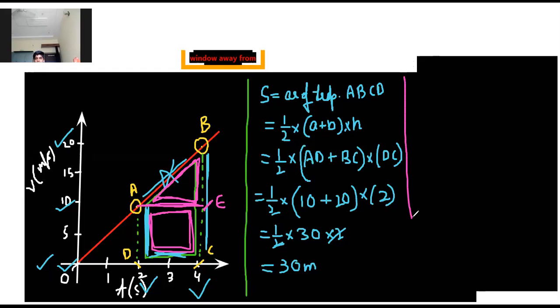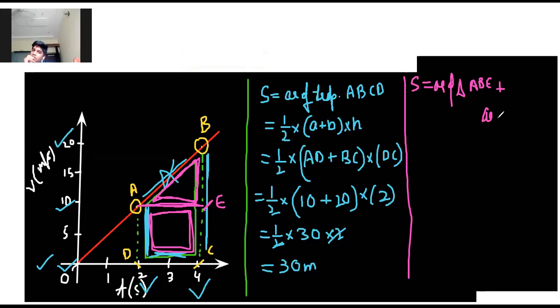Let's do it. So displacement is equal to area of triangle, that is ABE, plus area of rectangle, that is AECD. Okay, solve it.